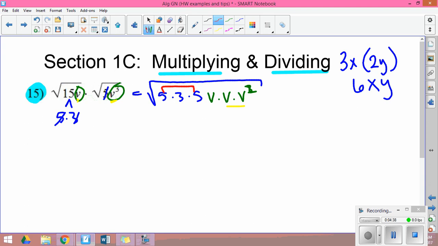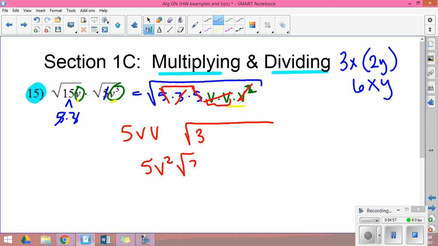These two 5s are 5 squared, so those are going to come out front. This 3 doesn't have a perfect square, so it stays under. These two v's go together as a v squared, which will come out. I have 5v squared square root 3 as my final answer.